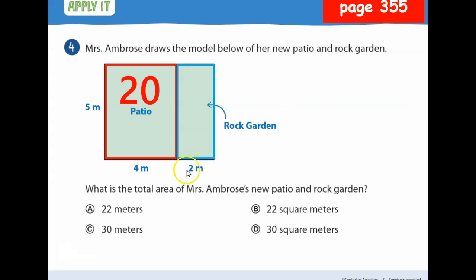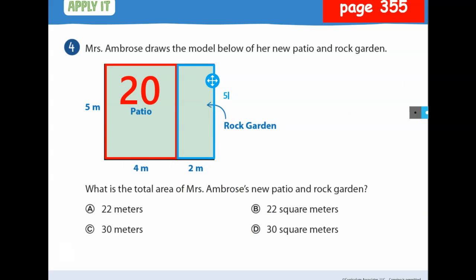Now let's find the area for this one. I have the length at the bottom, which is 2, but I don't have the width on the right here. But wait a minute. If I look to the other side, isn't that the same length? So if there's 5 on the left, how much is there right here? 5. So now I have 5 times 2.